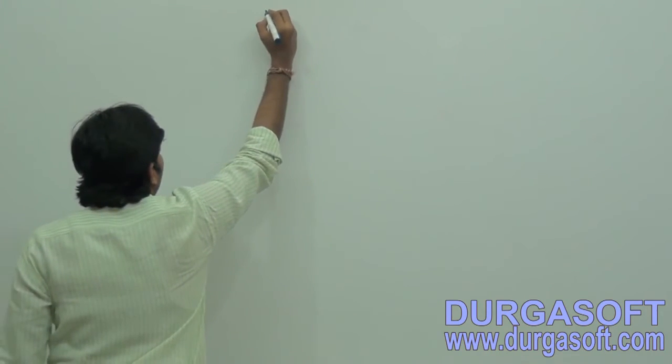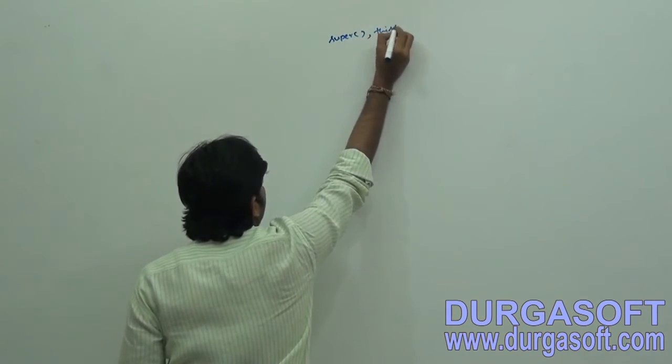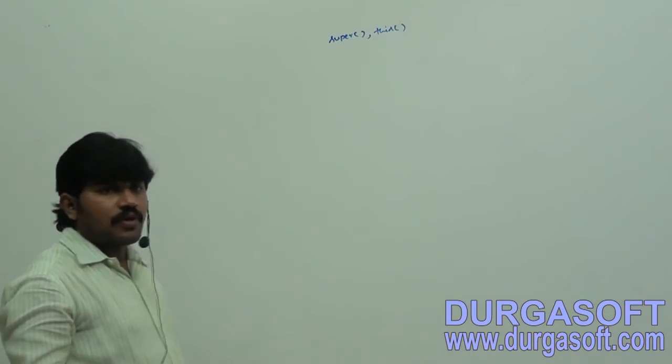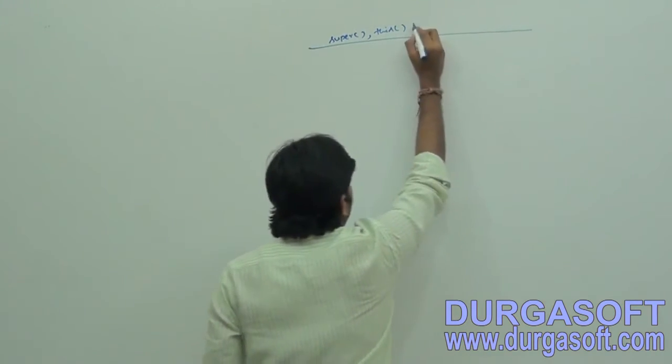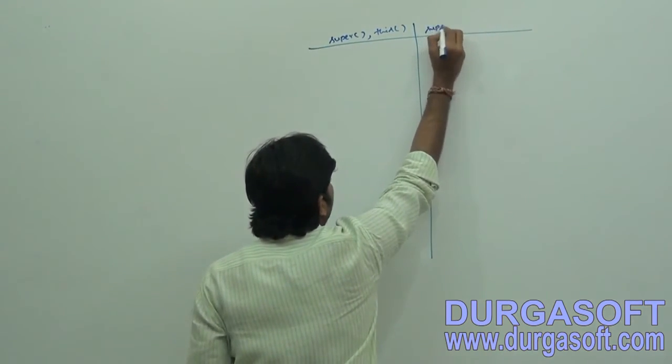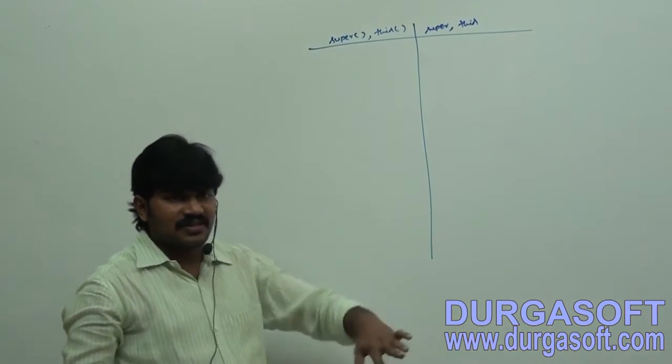Observe this one. Sometimes there may be a chance to be asked: normal super, normal this. We have super() and this(). These are constructor calls. We also have plain super and this.